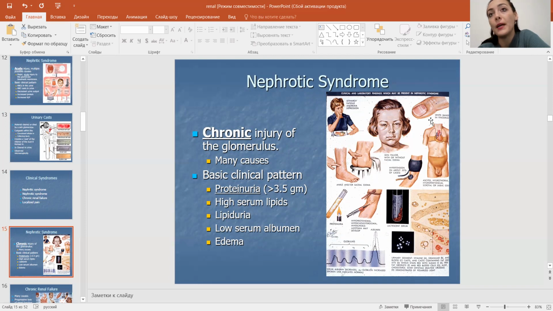You can see white nails on the fingers. You can see fatigue and blurred vision, and ankle or sacral edema. Also, you can see hypoproteinemia and proteinuria.